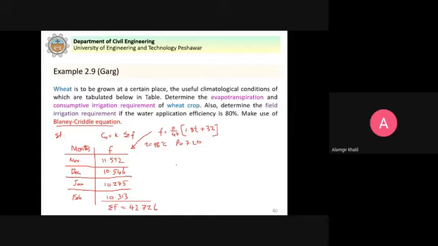Now in this equation, consumptive use Cu or evapotranspiration is equal to this small k into summation of F. If k is not given in the question, you see that we have wheat.